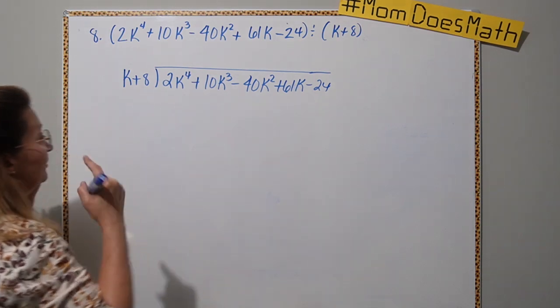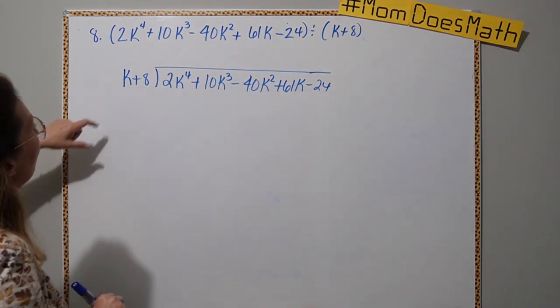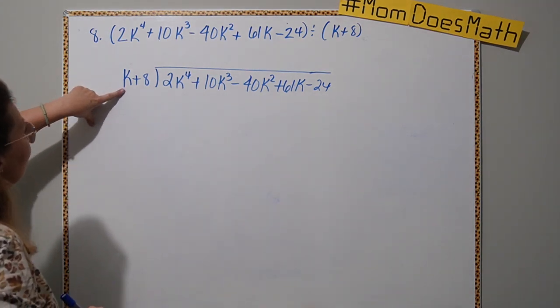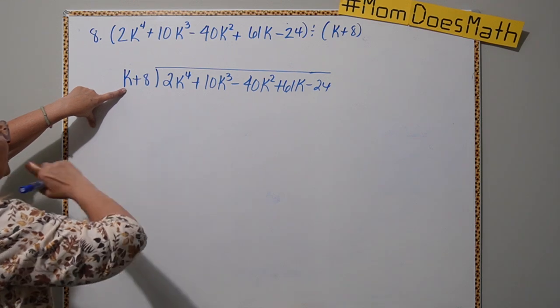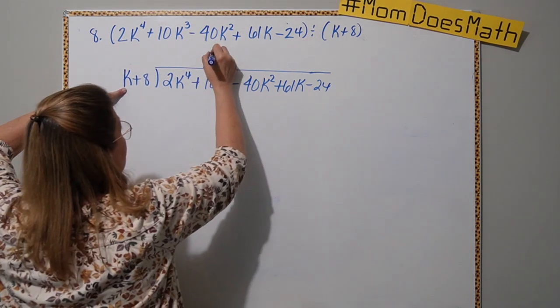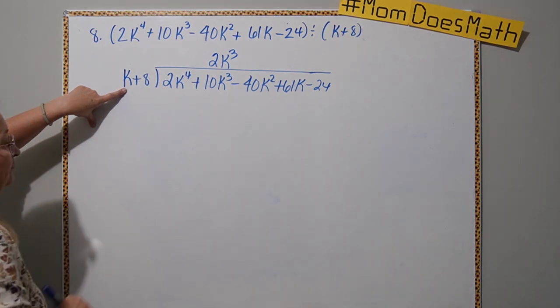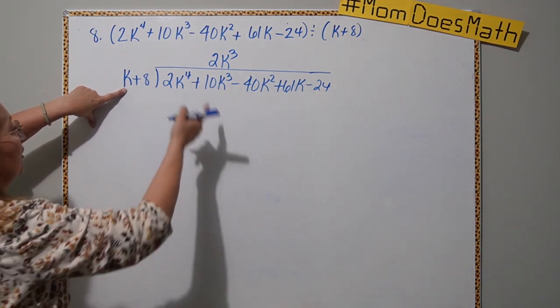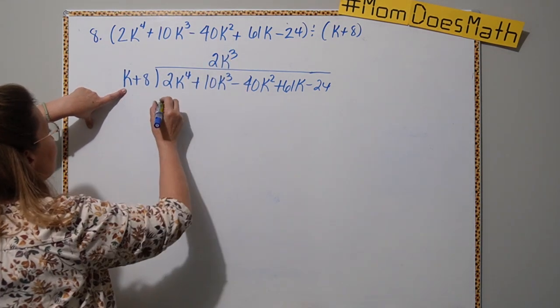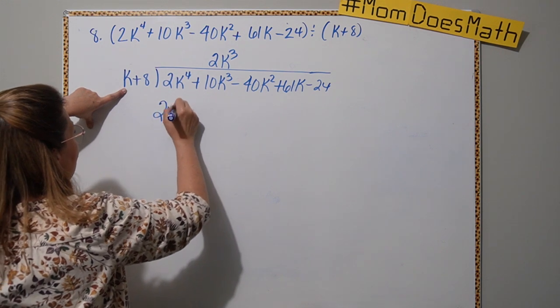Okay, so let me just be on my toes. All right, I'm going to ask myself, how many times would k go into 2k to the 4th? And that's going to be 2k cubed, and it goes over the cubed term. Okay, now I'm going to multiply. 2k to the 3rd times k is 2k to the 4th.